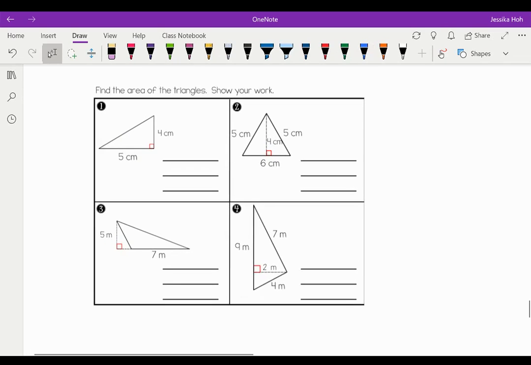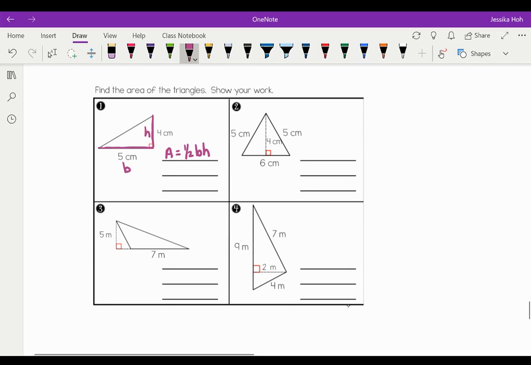So for some examples for today, we have 3 lines like we did last time. So the first one, I want you to write your formula. Area equals 1/2 base times height. So I'm going to place in my base, this is my height. I'm going to replace the letters for numbers. So area equals 1/2 times, our base is 5, times 4.